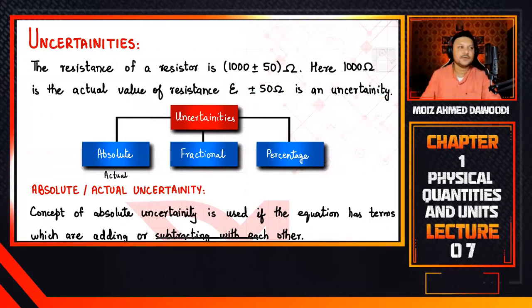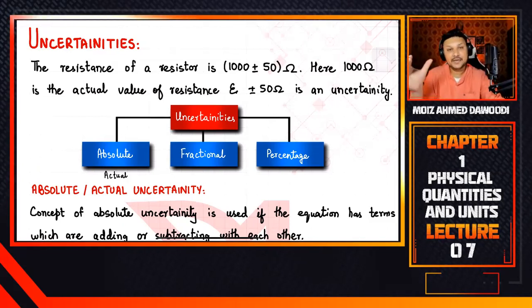Understand this: if you go to the market and ask the shopkeeper for a resistor of 1000 ohms, he'll give you a resistor of 1000 ohms. But when you measure the resistance of this resistor using an ohmmeter, you will not get a reading of 1000. What is the uncertainty telling us?